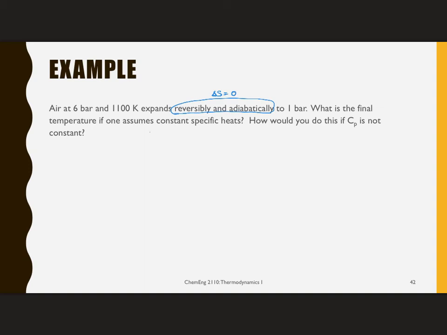Therefore, I can say that delta S is 0, but it's C sub P natural log of T2 over T1, minus R natural log of P2 over P1. Now, I've chosen to use this one because pressures were given. I could have obviously used the one with volumes, but I'd have to do a little additional work.